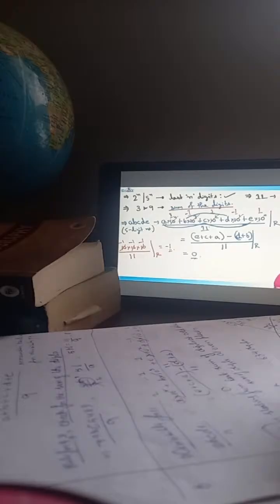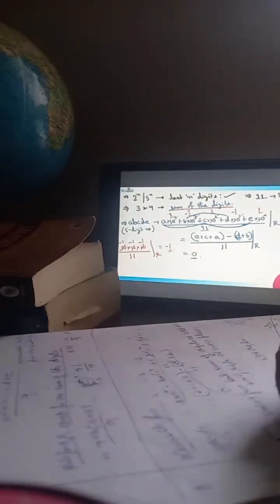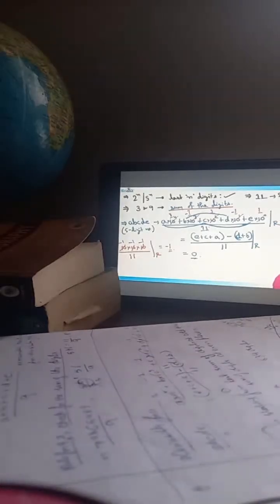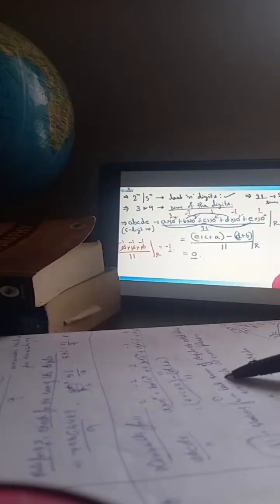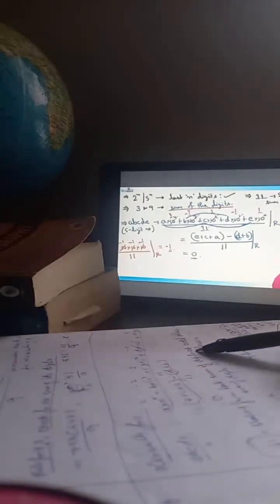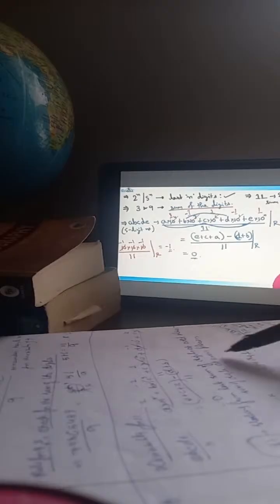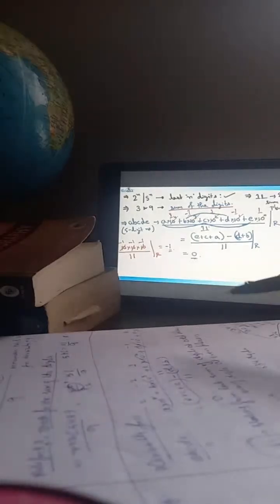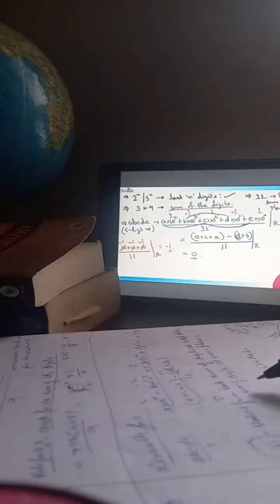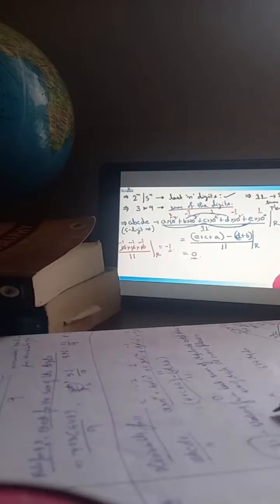So the rule for 11 goes like this. Starting from the last digit, take the sum of digits at odd places minus the sum of digits at even places.